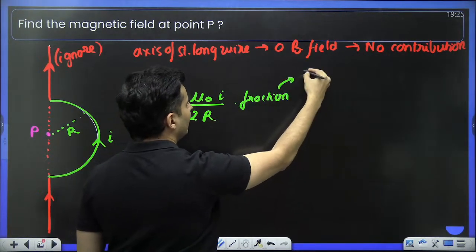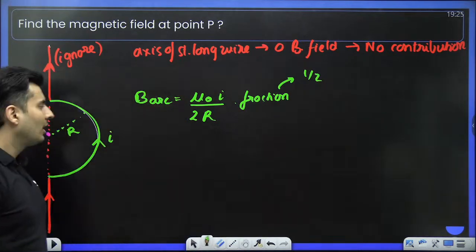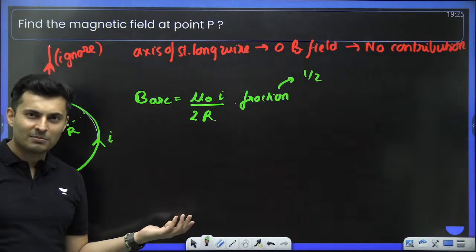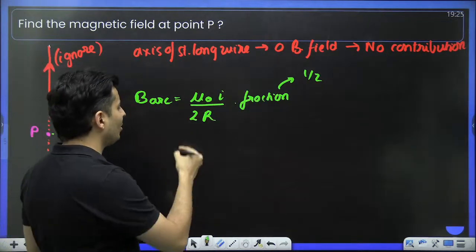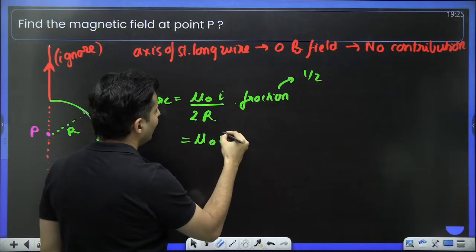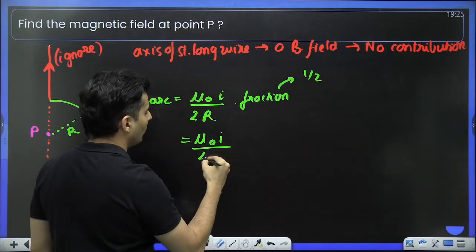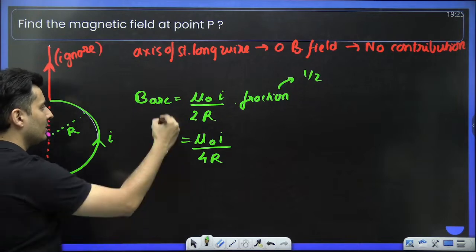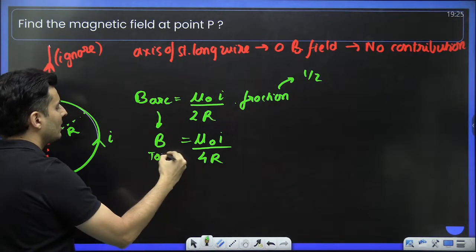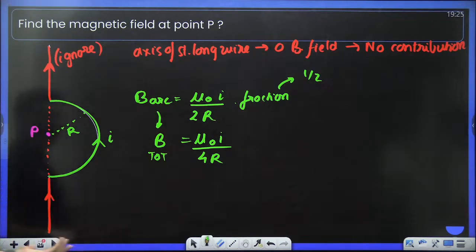It's a semicircle, so it is basically half. If it's a quarter circle, it will be 1/4. This is a semicircle, so half of a coil will come over here. So hence it will be mu naught I divided by 2, 2 times 2 is 4, so 4R. That is the total magnetic field because there is no other contribution coming from anywhere else. So that is the answer.